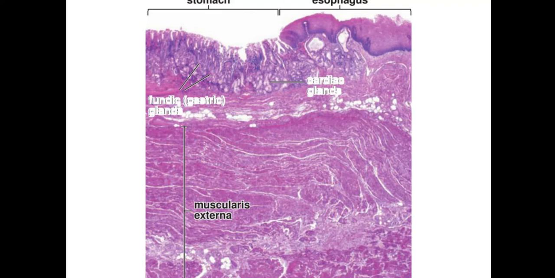It's also for portioned transport of food, and for mixture of food with the gastric juice. So the digestive function of the stomach is made not only by secretion of gastric juice, but also by intermixing of this gastric juice with the contents of the stomach. And that's the function of the muscularis externa here.